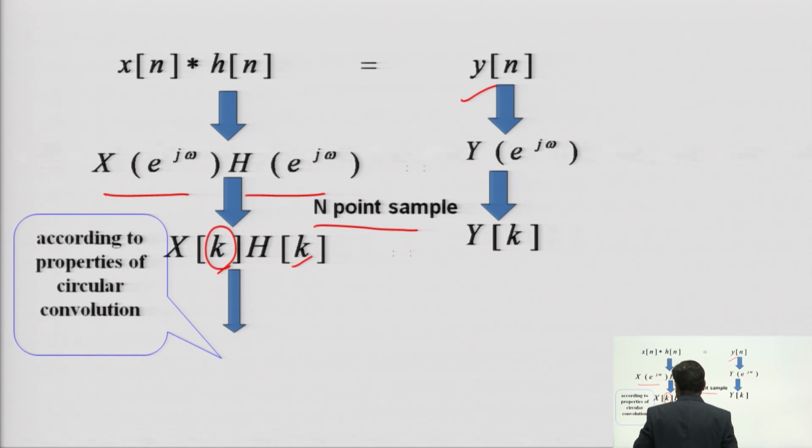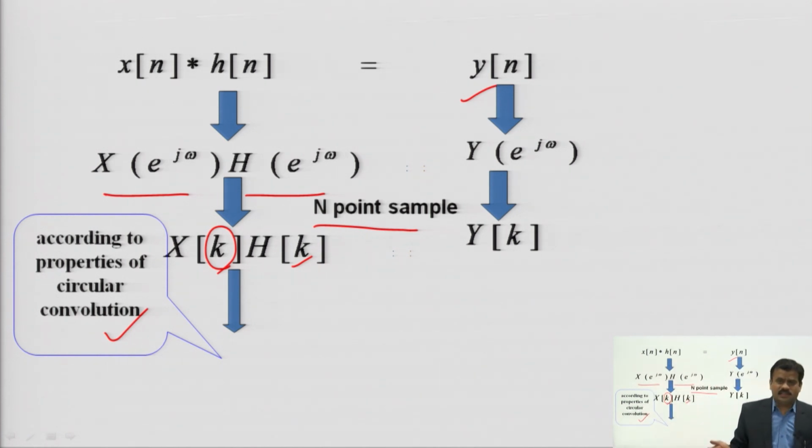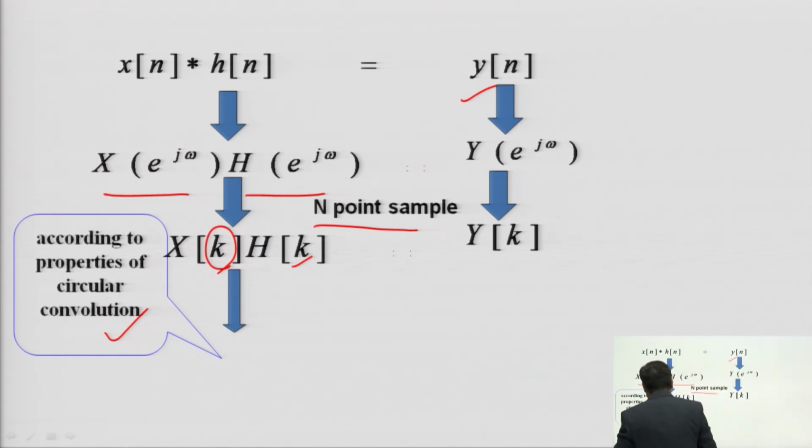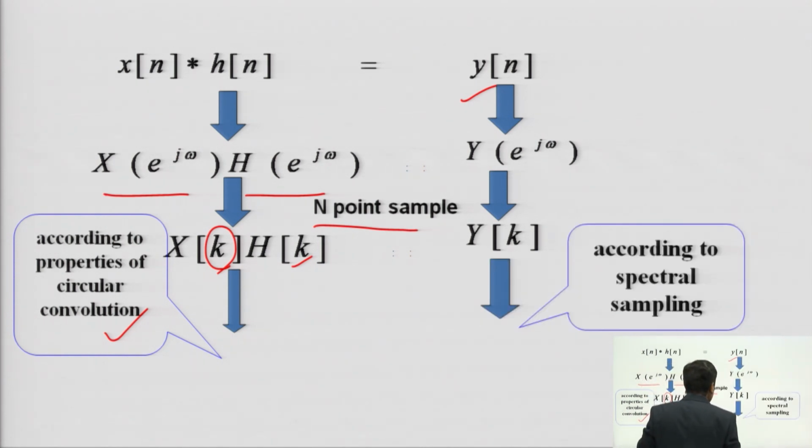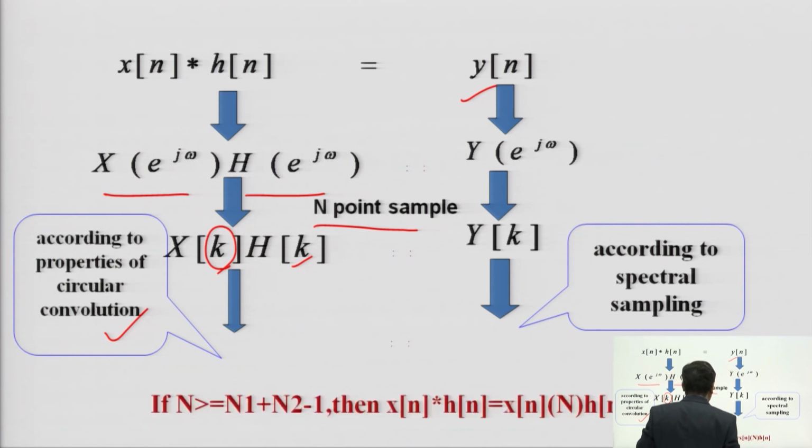Now, according to the properties of circular convolution, if you take the circular convolution between two finite discrete-time sequences, then its DFT will be in this form: X(k) into H(k). That is why I am writing this, and this is according to spectral sampling.